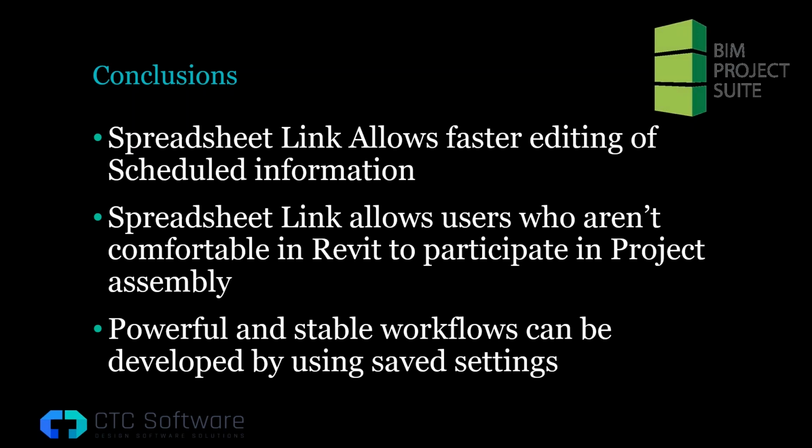This can generate, as I mentioned a moment ago as well, powerful and super stable workflows that can be developed here by using save settings and advanced save settings. Those different workflows, again, they can help you out for years and years if you set this up in a sustainable way.